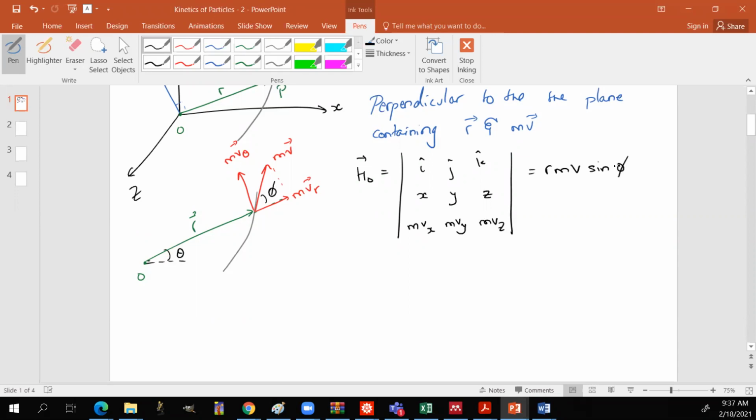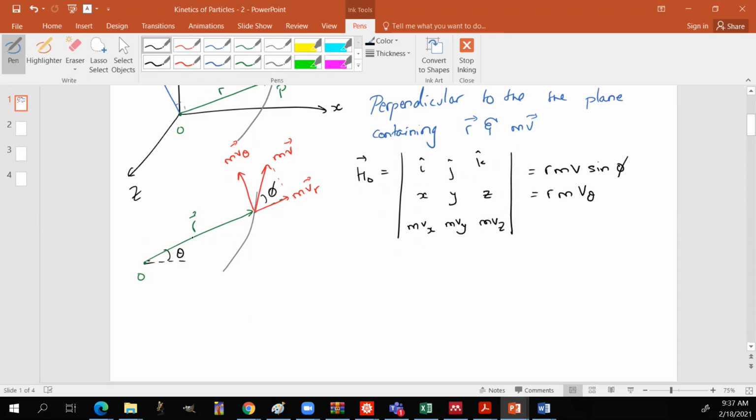When you're writing the scalar quantity out, this is what your angular momentum will be. And we know that this v sine phi is nothing but r mv theta, because that's the component in relation to this angle theta. Remember, this is also equal to mv theta, because that's the perpendicular direction to this position vector.